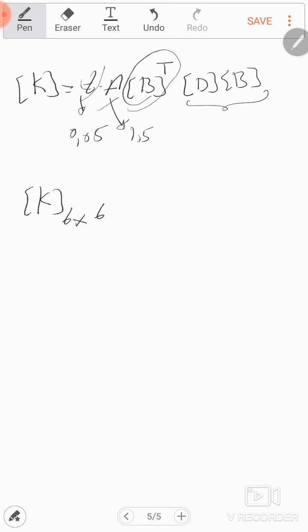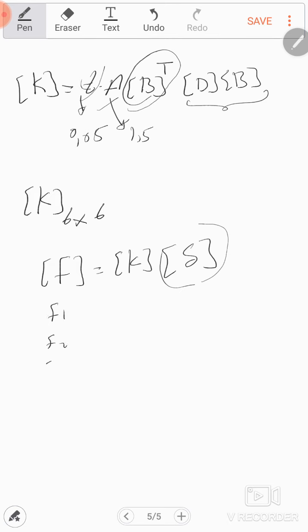After that, you can go to F, the force matrix: F equals K times the displacement, because I want to find the displacement at node number 3. So for F we have F1, F2, F3, F4, F5, F6.